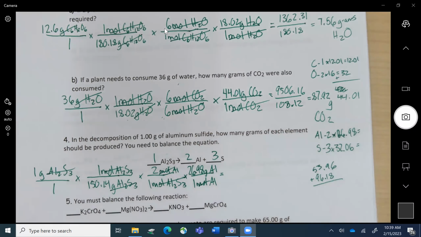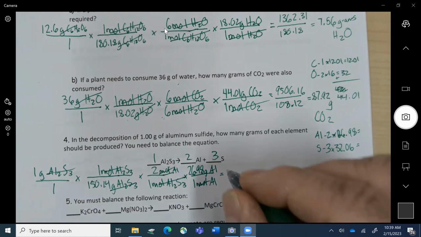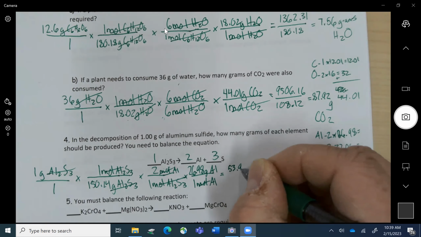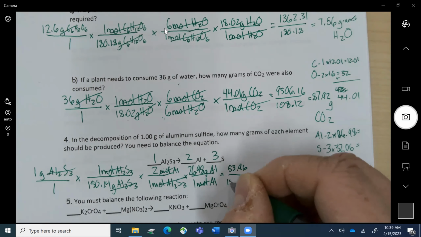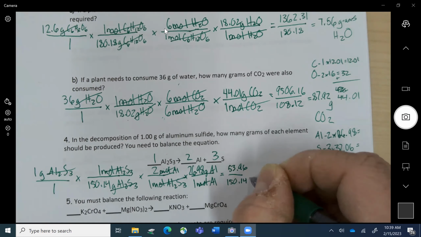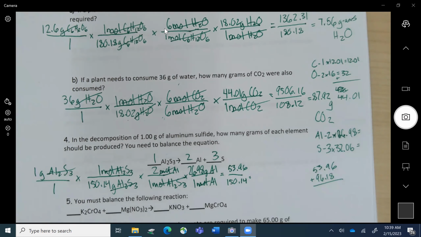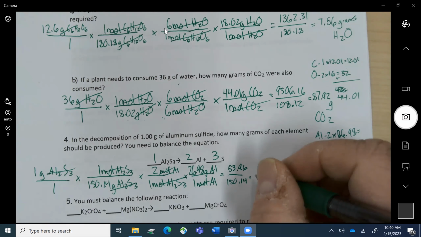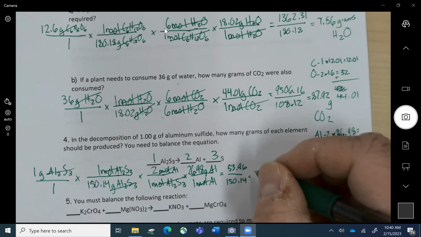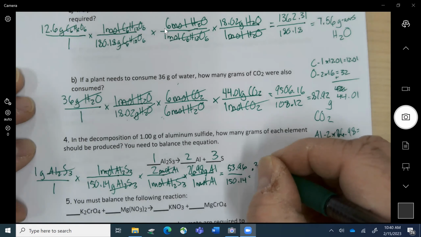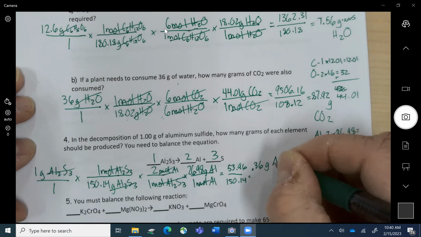All right, so 2 times 26.98, 53.96, divided by 150.14. So I'm going to get 0.36 grams of aluminum.